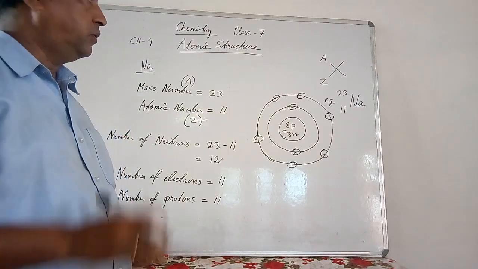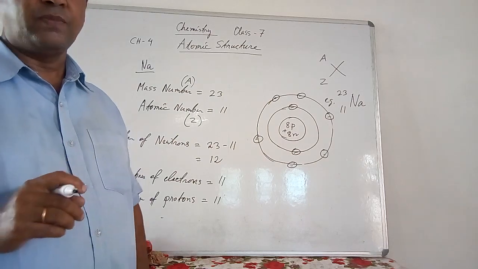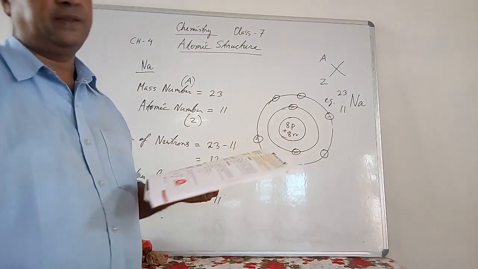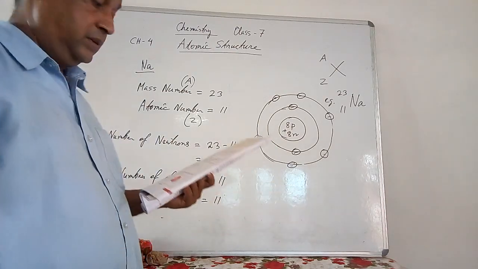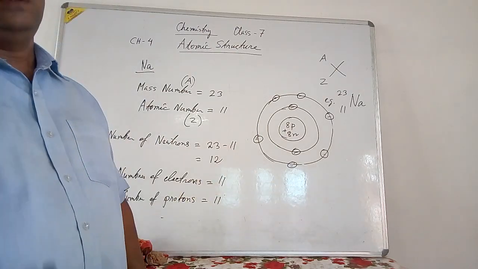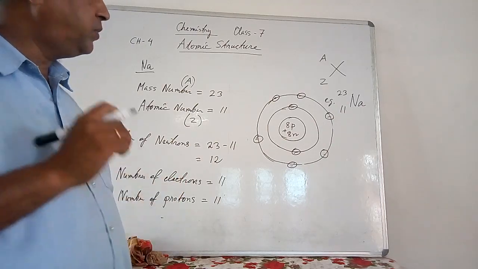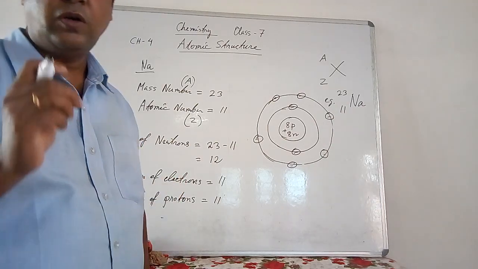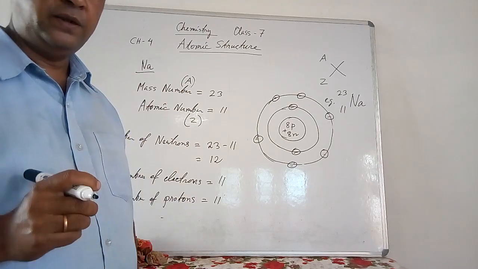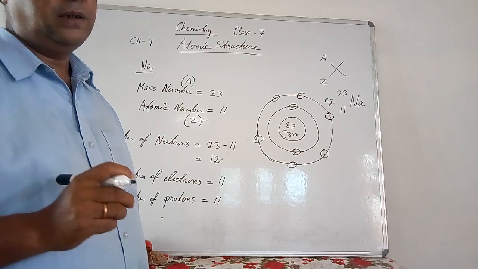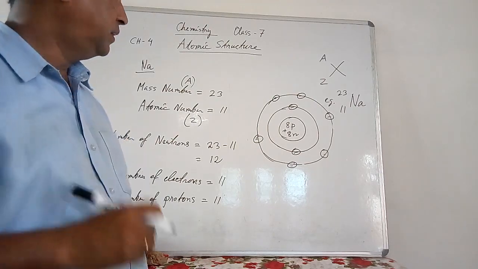An element is made up of only one type of substance, and it cannot be divided into simpler substances. For example, one molecule of oxygen is made up of only oxygen atoms. It cannot be made up of chlorine atoms. So that is the meaning.